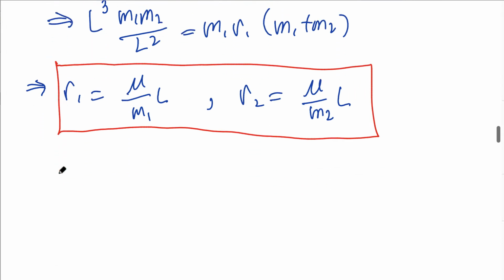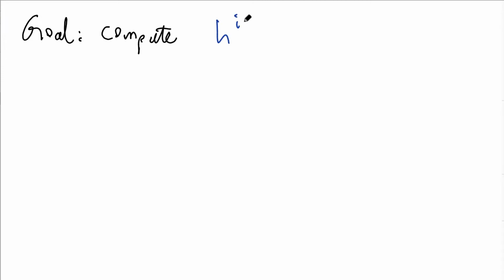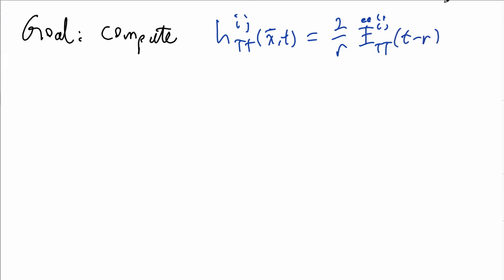Now our goal is to compute the gravitational waves from the binary star system. That is, we want to compute the metric perturbation in TT gauge, which is given by 2 divided by r times the second time derivative of the reduced quadrupole moment, the transverse traceless projection, evaluated at the retarded time.